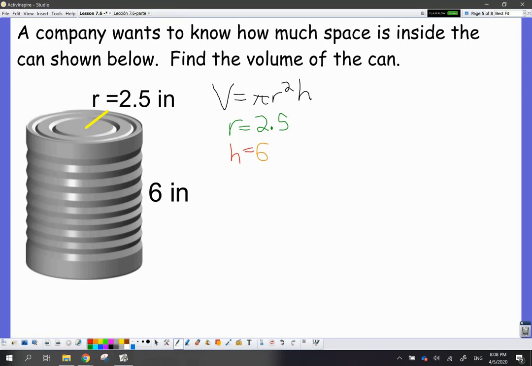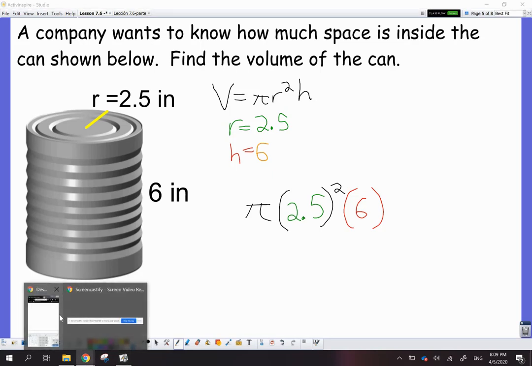So we're going to have pi, parentheses, so we know we're multiplying, and inside is going to go the radius. So you have 2.5 squared, and then times, I'm going to put another set of parentheses, 6. So let's go over to the calculator and plug it in.